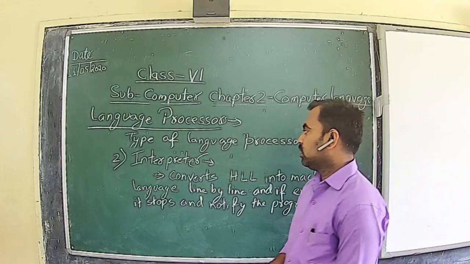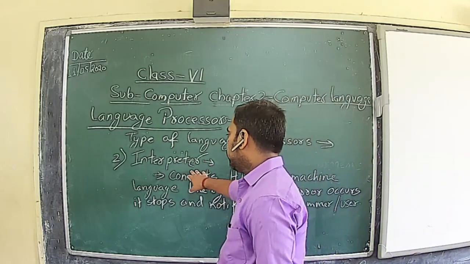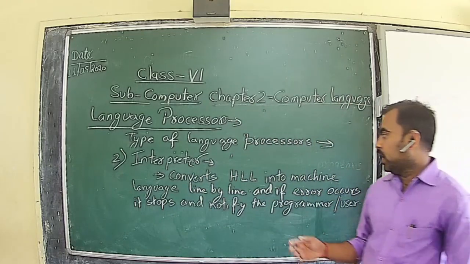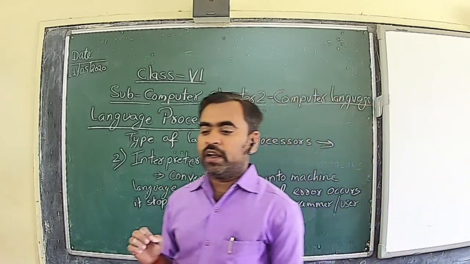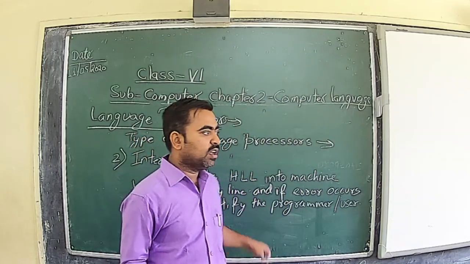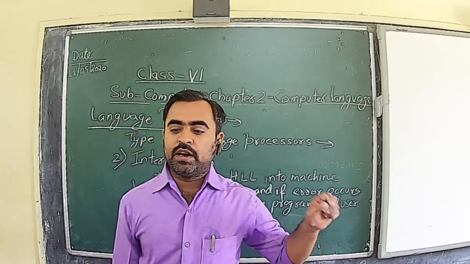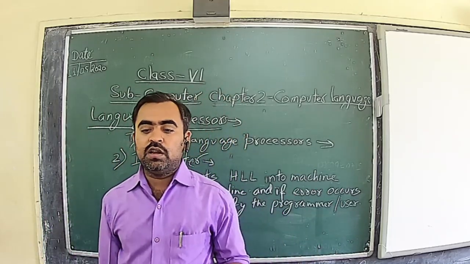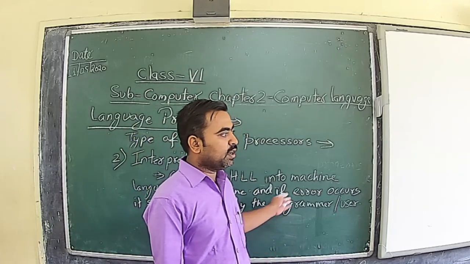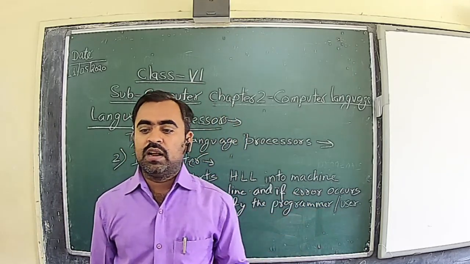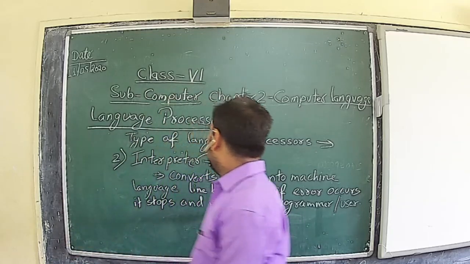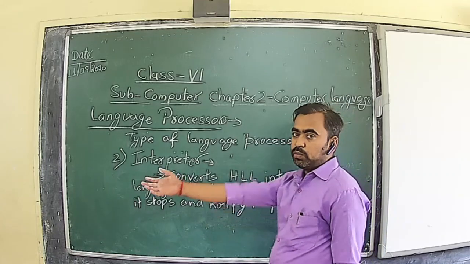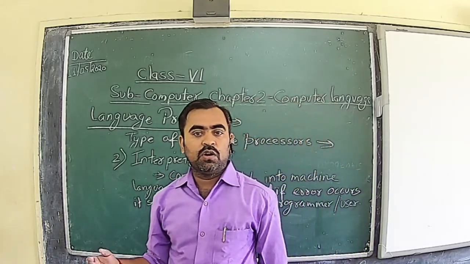How does the interpreter work? It converts the high level language into machine level language line by line, and if an error occurs anywhere in the program during execution, it stops there immediately and notifies the programmer or the user that in that particular line an error is there, and then it has to be rectified by the programmer.